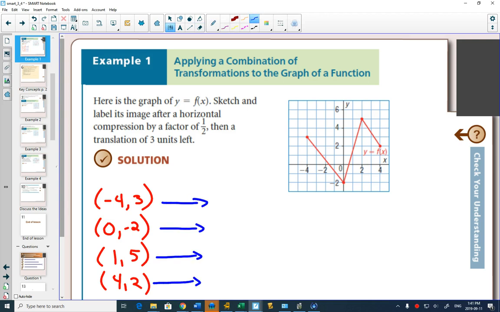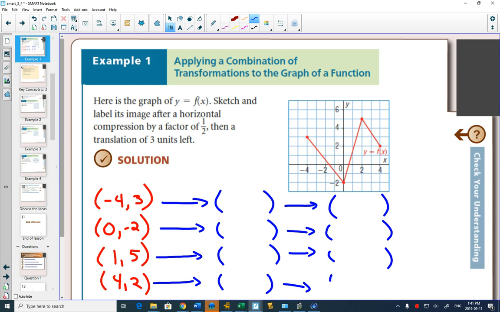We do have a stretch or compression and a translation, so we'd have to set up both sets. And we can write above the arrow, we have a horizontal compression by 1/2. That means your x values are multiplied by 1/2.